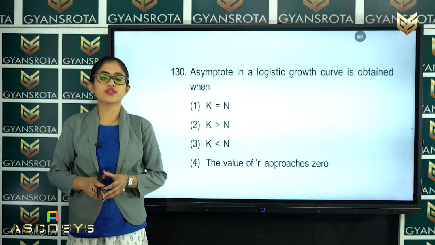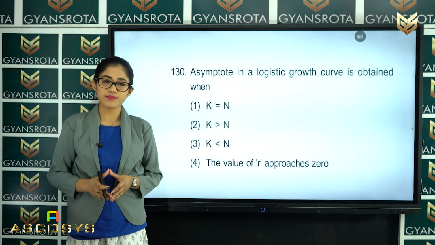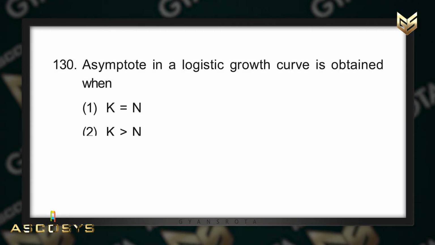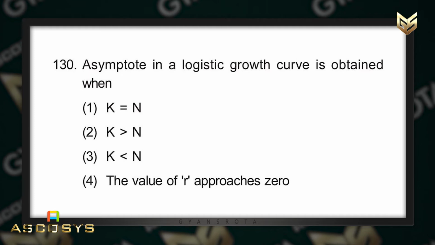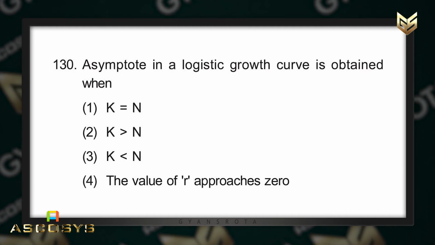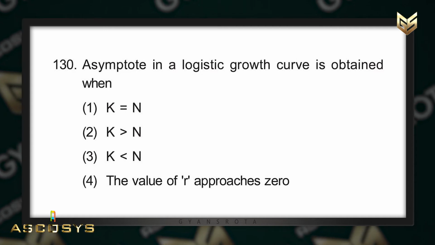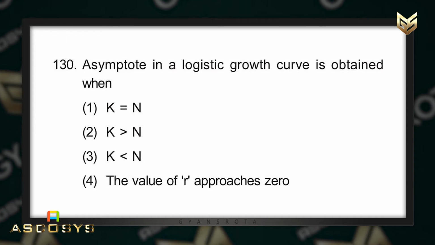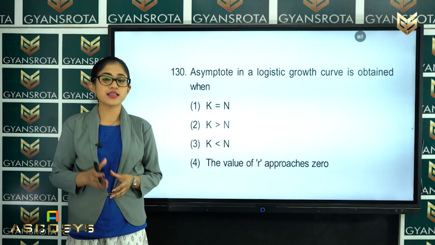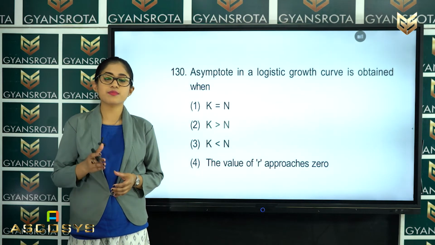In the next question, that is question number 130, asymptote in a logistic growth curve is obtained when K is equal to N, or K is greater than N, or K is smaller than N, or option number 4 is the value of r approaches 0. So, we have discussed the logistic growth curve in the chapter organisms and populations.